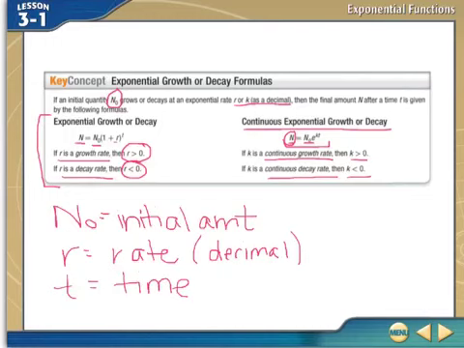Same thing happens over here, just k is your rate rather than r. And so they just use a separate variable to distinguish between a growth rate and a decay rate versus continuous growth rate and continuous decay rate. And k also has to be a decimal.